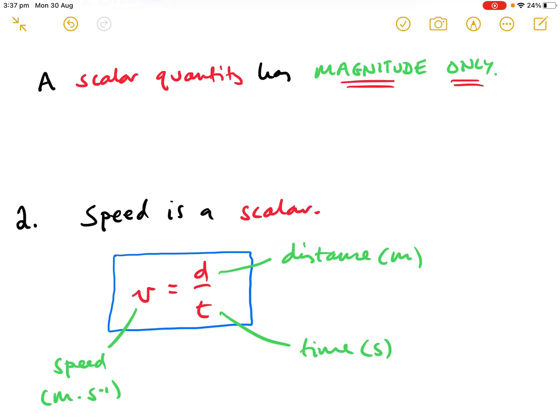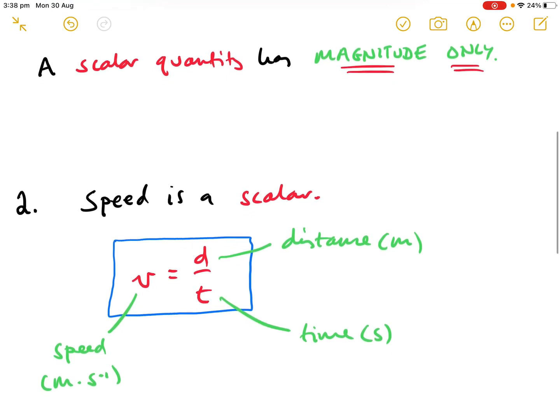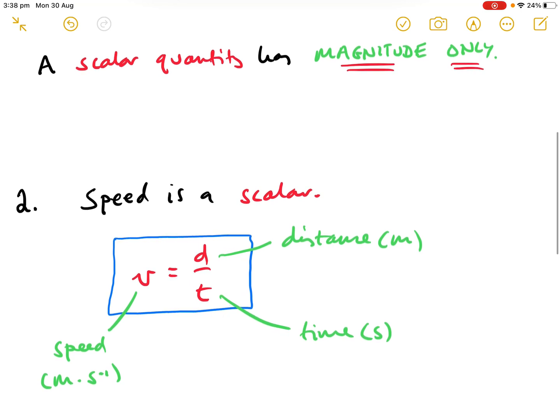D, the distance, is measured in meters, that's the SI unit. Time t is measured in seconds, and the speed v is therefore measured in meters per second. It's a scalar quantity, of course, so no direction is required.